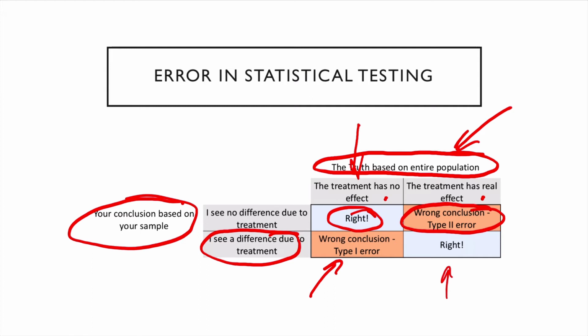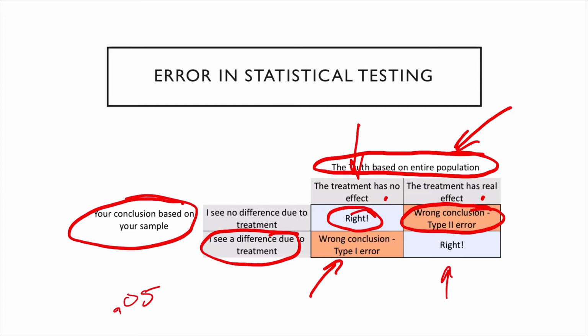By setting our p-value, our alpha level, at 0.05, we have a 95% chance, if we accept that the statistics support the hypothesis, that we're right.